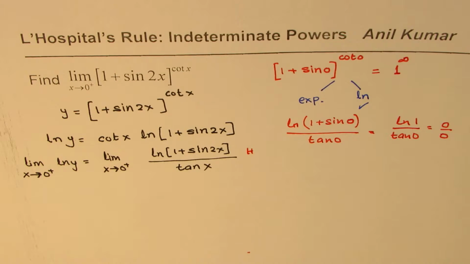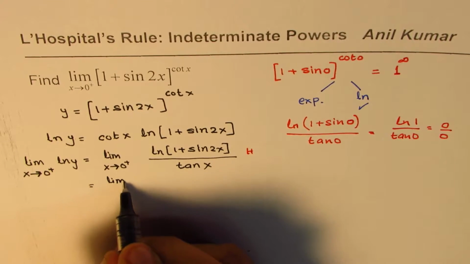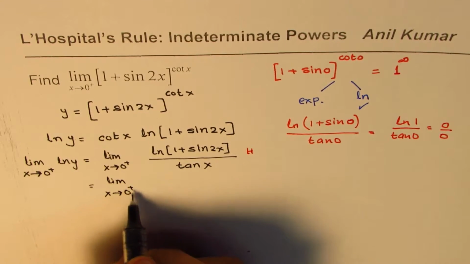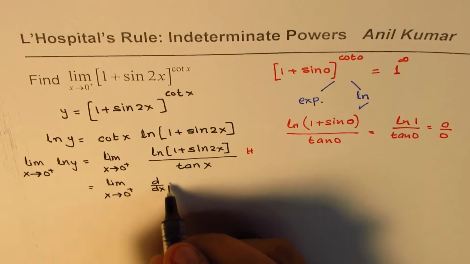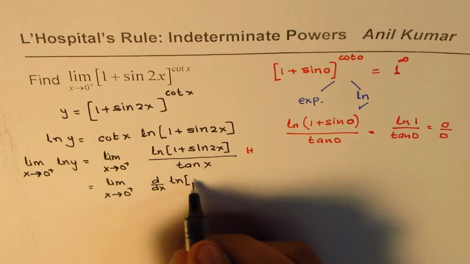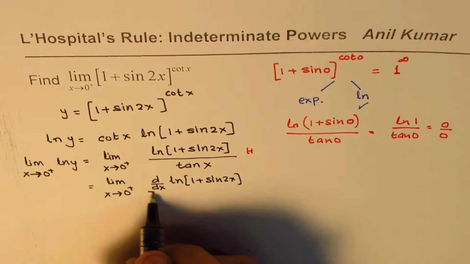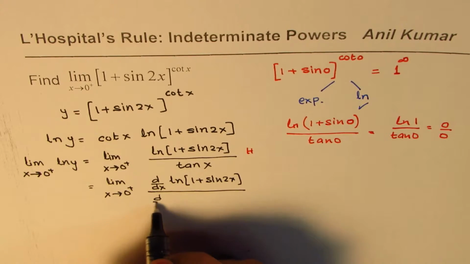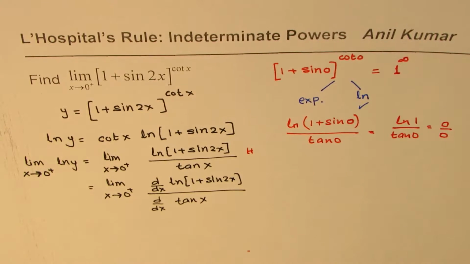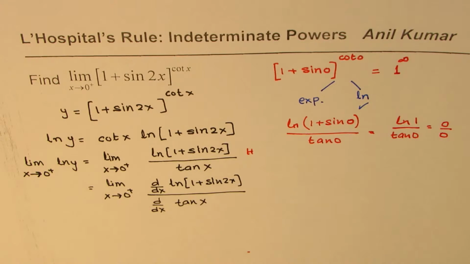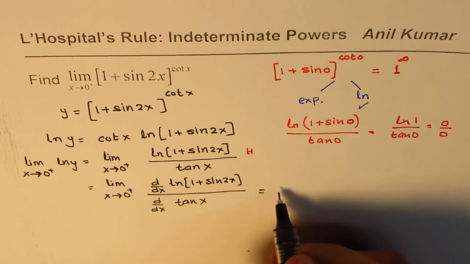That is, we can write this as the limit as x approaches 0 plus of the derivative of the numerator, ln(1 plus sine 2x), over the derivative of tan x, right? Now what is the derivative of this? Let's do it.